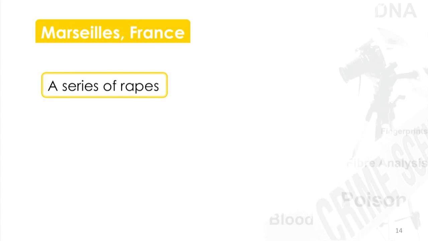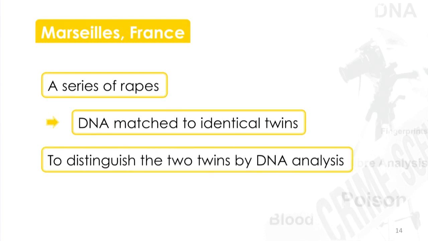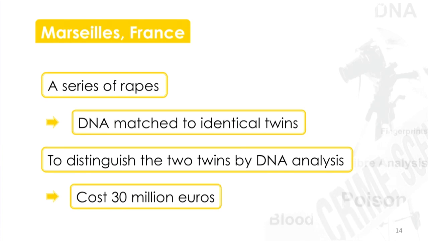But of course, it also matched his twin brother, so it was not possible to get a conviction. The police in Marseille were told that it would be able to distinguish the two twins by DNA analysis, but it would cost 30 million euros. Well, of course, technology advances, and maybe soon the price will come down.